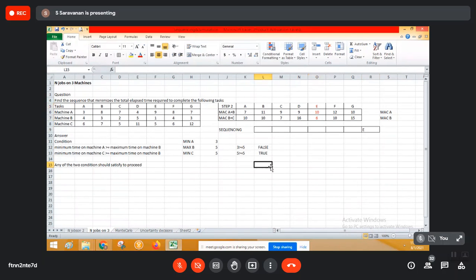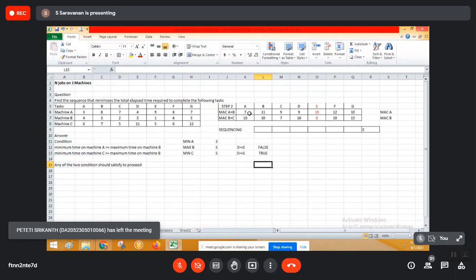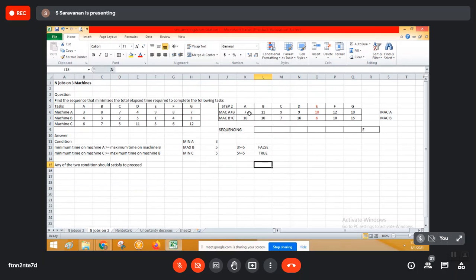Now, which is lesser among the other time attributes? 7, 11, 7. I think 7 is lesser. There are two 7s here. One corresponds to machine A level and one corresponds to the second level, C or B level. If it is on machine A level, it should start from the left hand side.